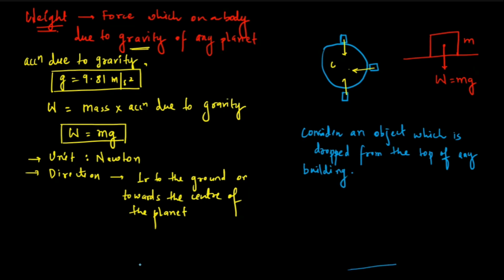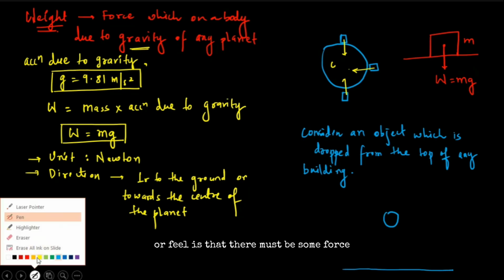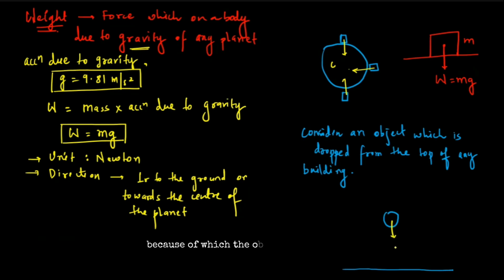Let's say this is going to be the Earth's surface. During its fall, what we actually observe or feel is that there must be some force because of which the object is going close to the surface of Earth, some force which is pulling the object towards the surface of Earth, and that force is nothing but weight, which is always equal to the product of the mass of the object and the gravity of Earth, that is 9.8.